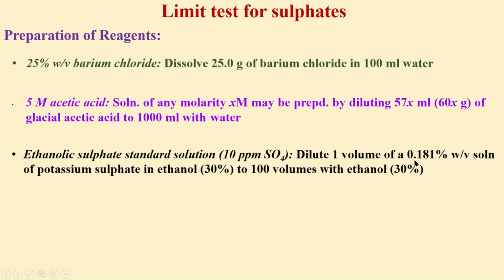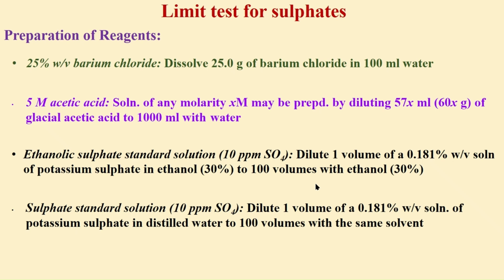Here I will prepare 0.181% weight by volume: I'll take 181 mg of potassium sulfate and dissolve in 30% ethanol. I'll get 0.181% weight by volume solution of potassium sulfate. I take one volume of this prepared solution and make up the volume to 100 ml with 30% ethanol. I'll get ethanolic standard sulfate solution which has 10 parts per million of sulfate ions.